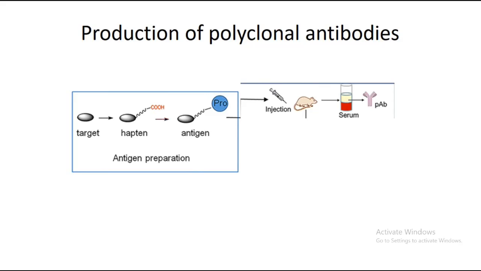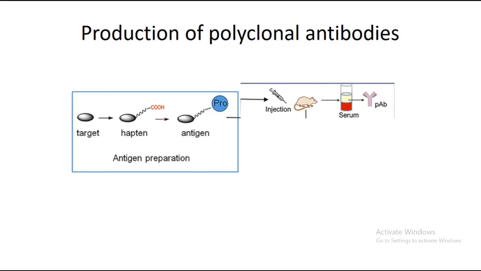So we isolate a version of C-reactive protein. We modify it to convert it to what would be called a hapten. The basic concept of this is that you're modifying the antigen to make it more readily recognized by the host. In this case, it'll be a mouse. So it's ensuring that the target will be picked up by the immune system.